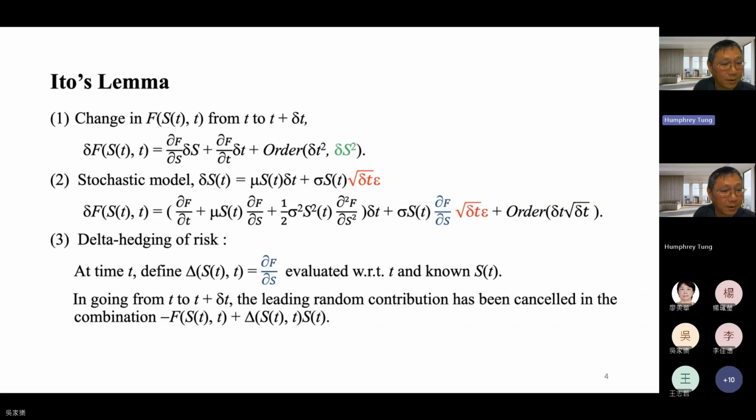For regular calculus, you can work out, in bullet 1, how the option function changes going from t to t plus delta t, a tiny time increment later. So we have the increment of the option function, and then the partial derivative with respect to the price and also with respect to time.